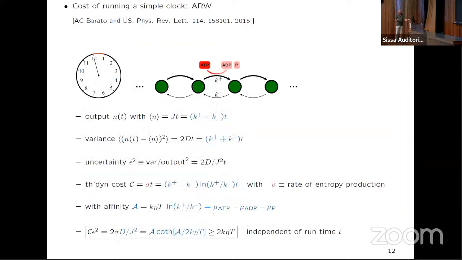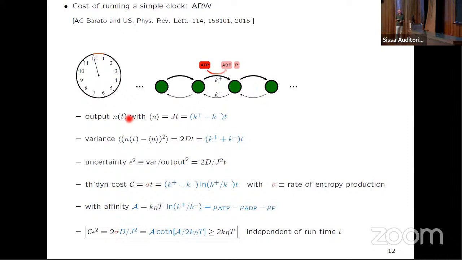Okay. So again, you start, of course, with the simplest model. So my model for a clock is just an asymmetric random walk. So each step of, let's say, the second hand of such a watch will require some process, some energy, for instance, ATP hydrolysis. So the simple clock is just the asymmetric random walk.